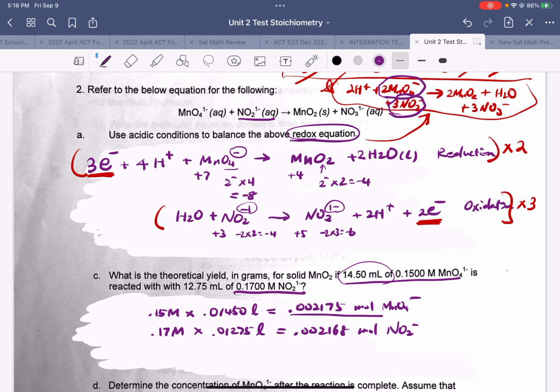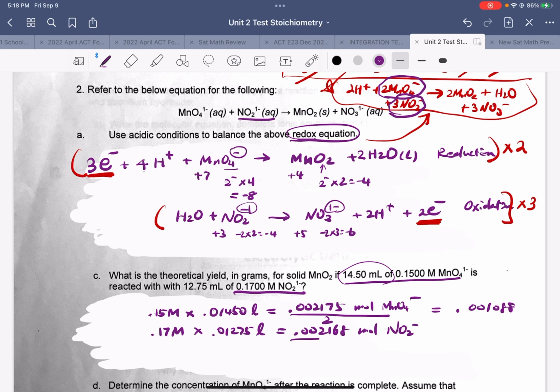Now, to find the limiting reactant, you have to divide by the coefficient. MnO4- is right here, a 2, so divide by 2. 0.002175 divided by 2 will give me 0.001088.